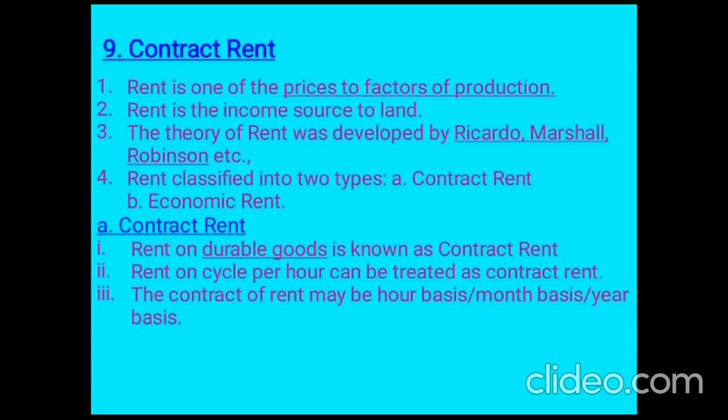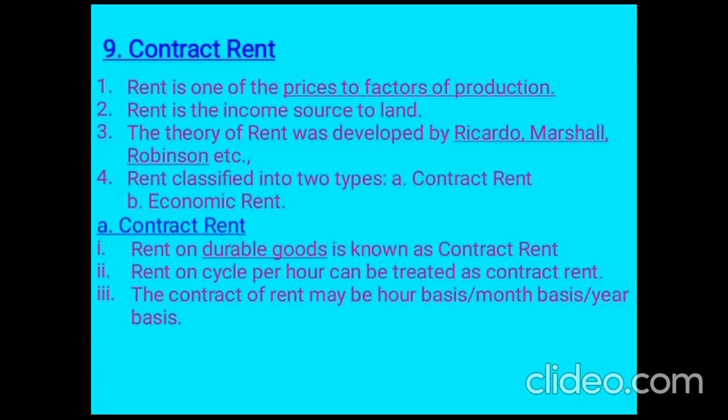Once again, what is meant by contract rent? First point, rent is one of the prices for the factors of production. Second point, rent is the income source of land. Third point, the theory of rent was developed by Ricardo, Marshall, Robinson, etc. Rent was classified into two types: economic rent and contract rent.